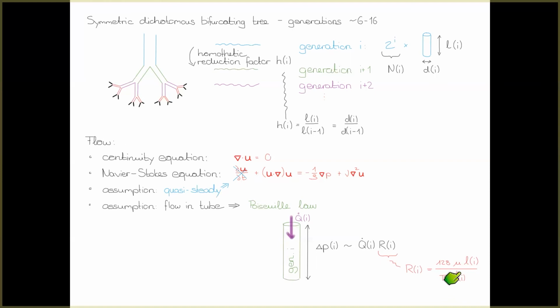That means that if you make the diameter smaller by a factor of 2, then we have 2 to the power of 4, that's 16, right? So we have 16 times larger resistance in that case. So it's a very, very strong response to only small diameter changes.